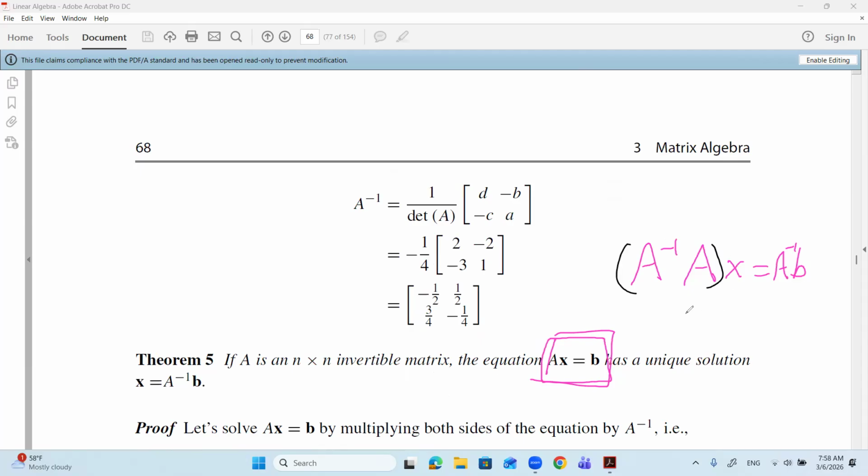Identity times X will still be X. So the left-hand side becomes X. The right-hand side is A inverse B. So therefore, your solution is simply the product of A inverse and B. That is your solution X for the system.